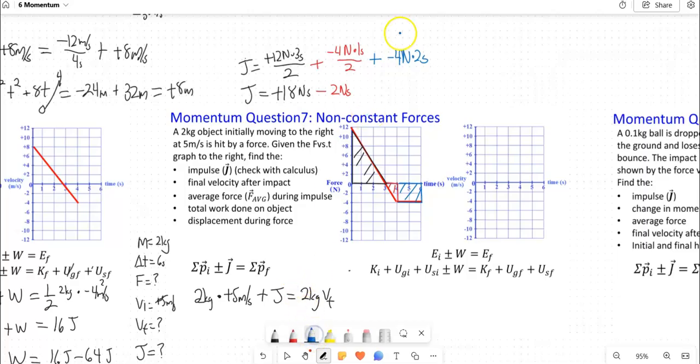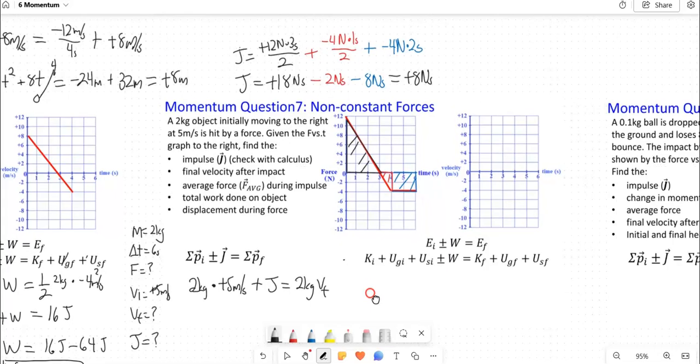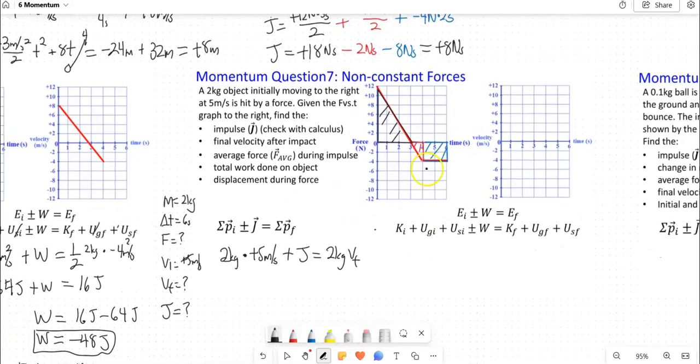And that's going to be -8 Newton seconds. Okay? So the whole area for the whole thing is going to work out to be positive 8 Newton seconds. So that is the impulse. So the impulse, positive 8 Newton seconds, right there.